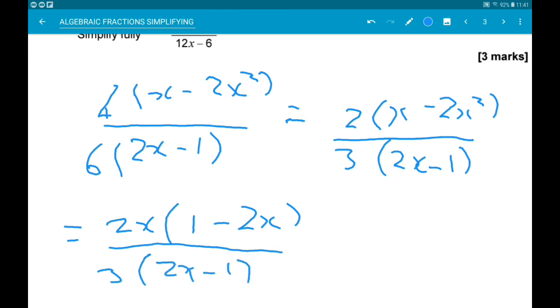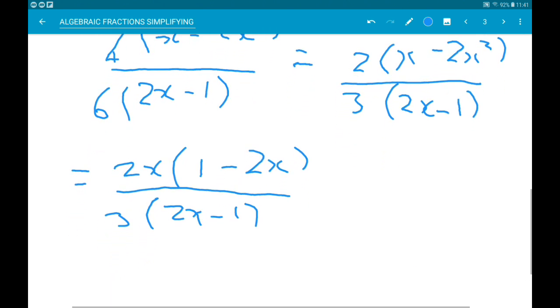Now at this point it might look like we can't do anything more. However, things in the brackets are very similar. We have 1 minus 2x and 2x minus 1.